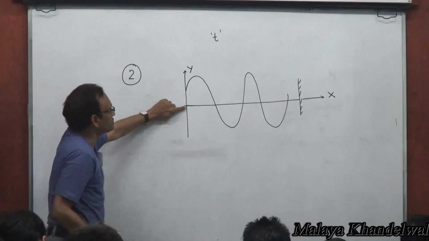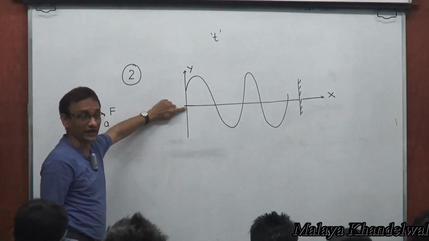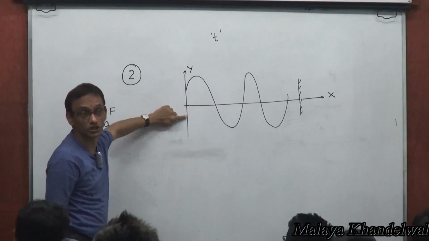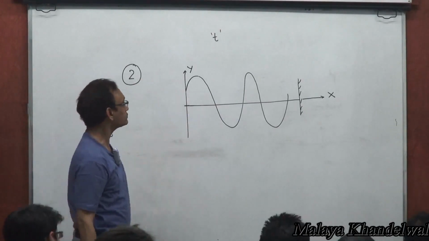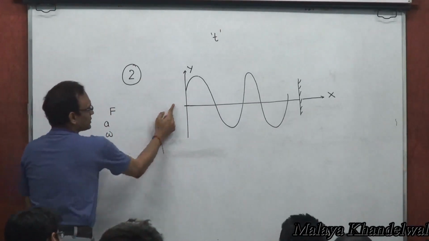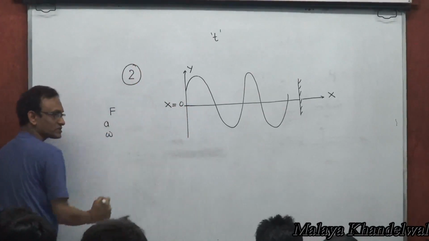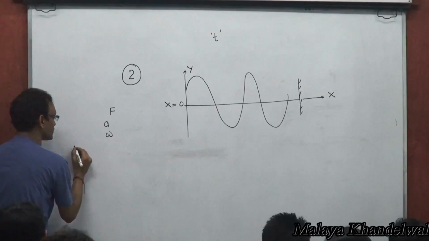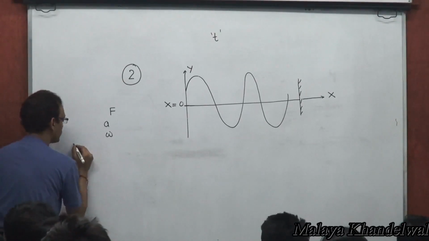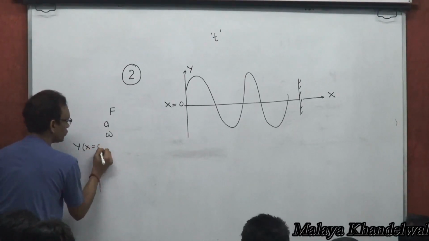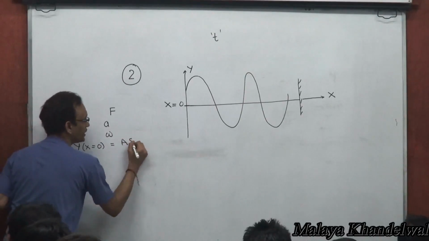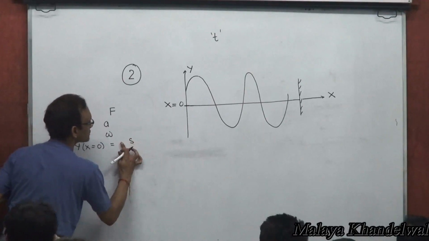And let's say at time t equal to 0, the block starts executing SHM in zero phase, from the mean position. So the displacement at x equal to 0 at various instants of time would be y equal to a sine omega t, where a is small a in this case.